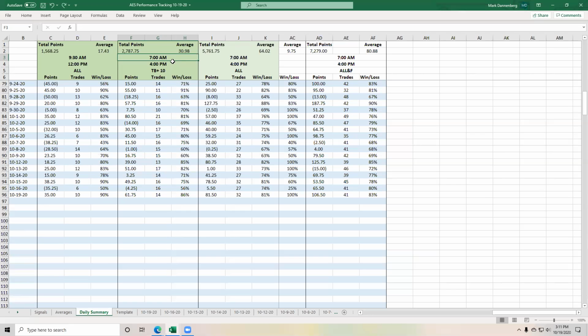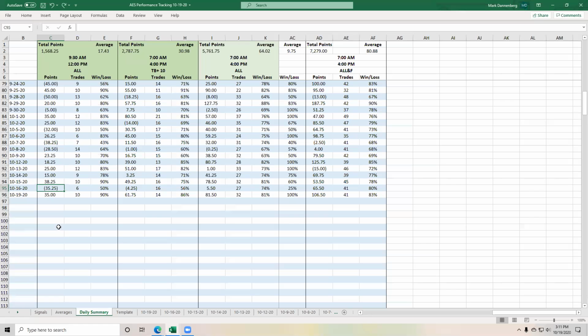But basically, we track from 7 to 4 or whatever we cut off, and that's taking just the trend bias trades and the continuation trades. So basically the trades that align with what the market is telling us it wants to do, the directional bias that it wants to move. And then we take that data and plug it into our personal trading plan, and I'm going to go through that exercise for you right now.